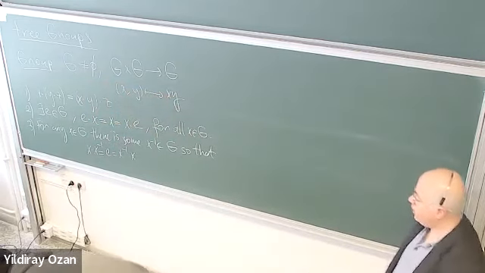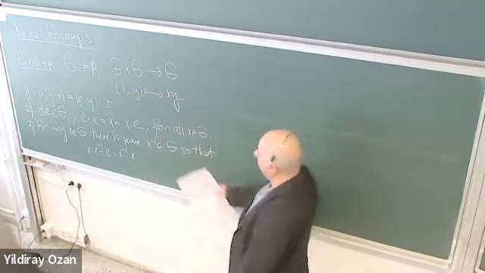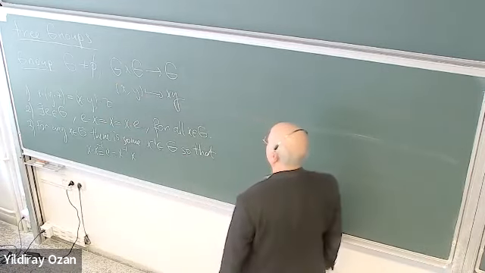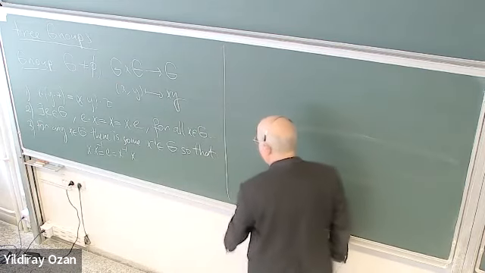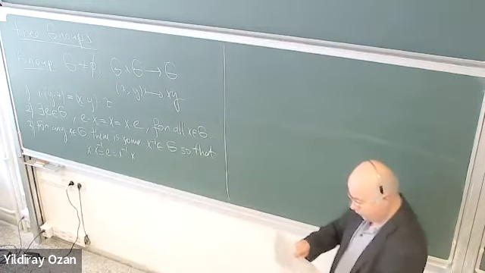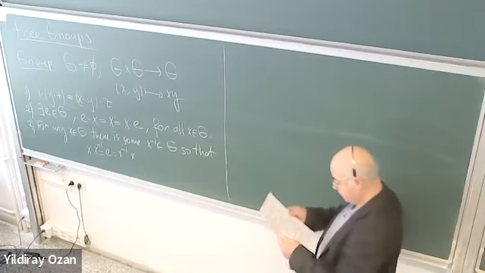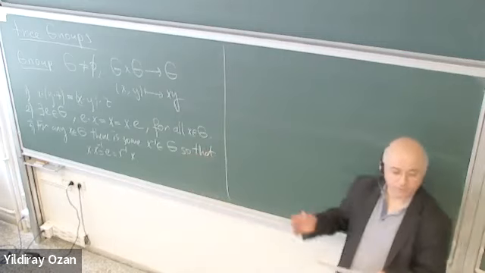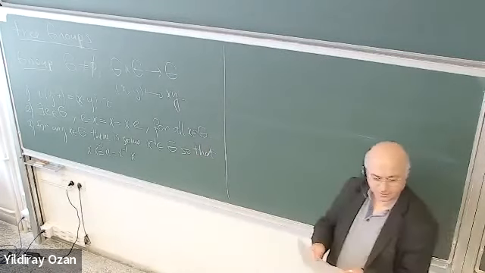So any set with an operation satisfying these three conditions is called a group. This is something we know from maybe even high school, right?